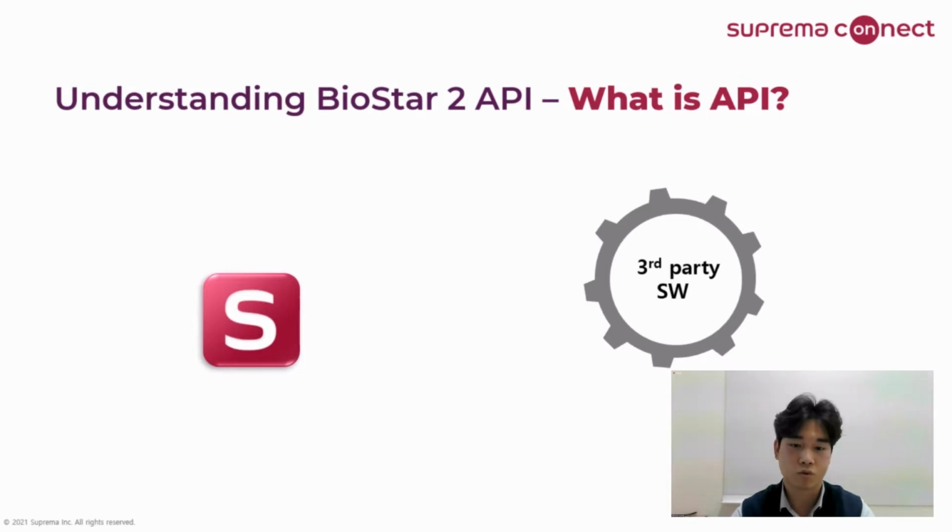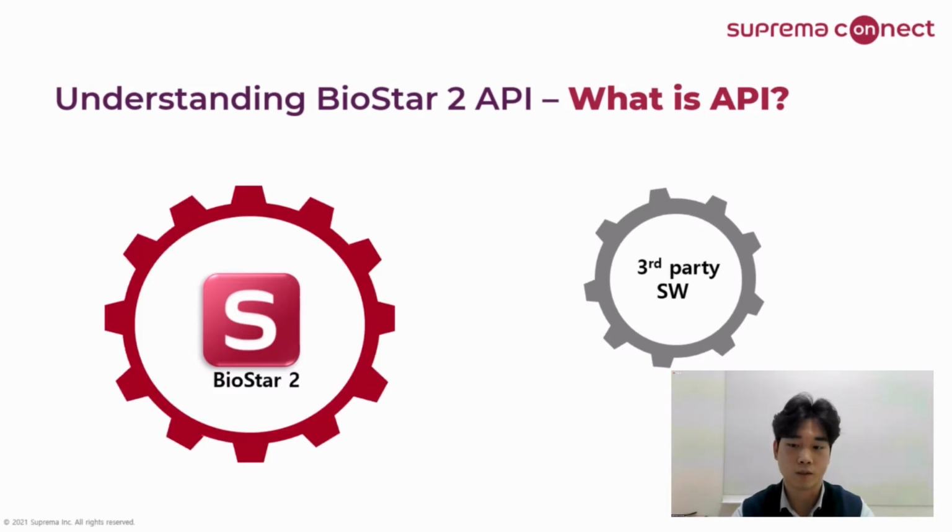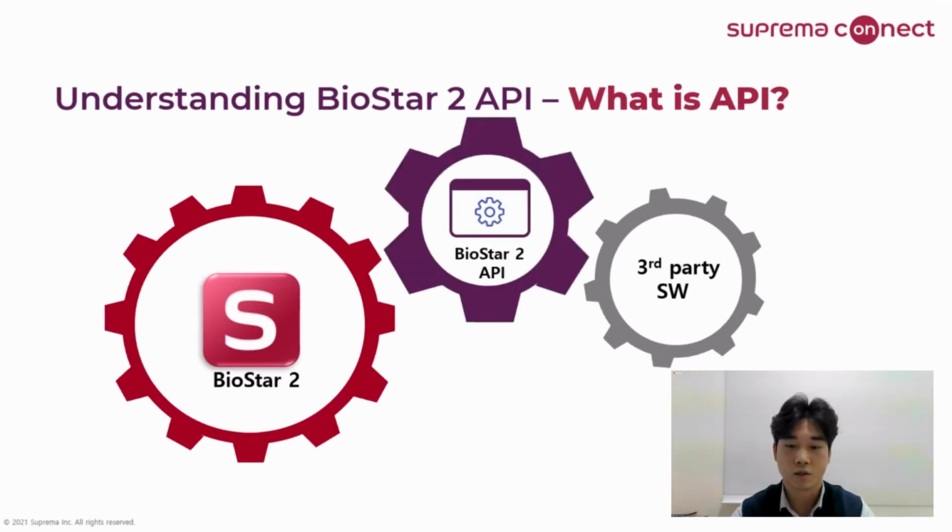Even without the BioStar2 server, users can use BioStar2 new local API to perform a variety of functions that are provided by the BioStar2 server, even from some other websites or applications.